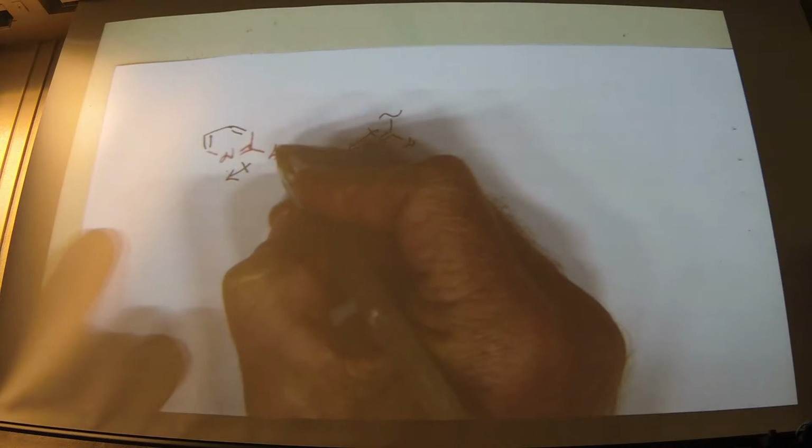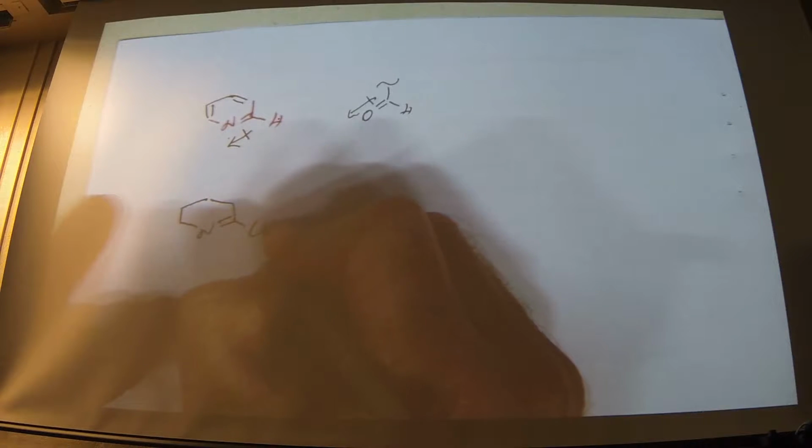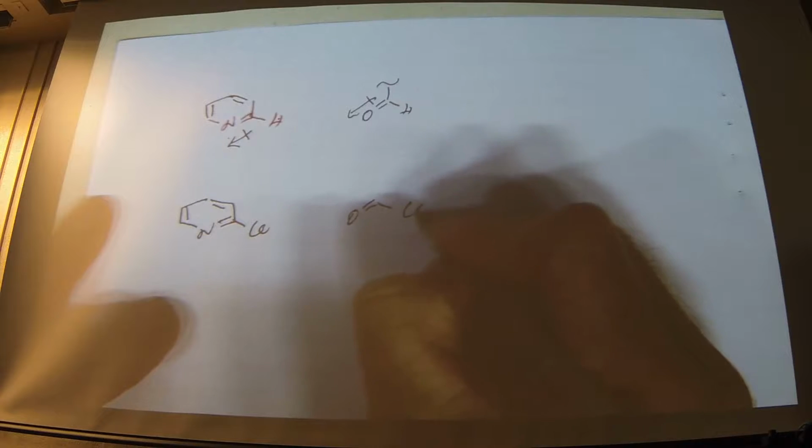That was the introduction to that nucleophilic aromatic substitution chemistry. And so that's why if I change this and make it into a chloride, then this kind of a 2-chloropyridine should remind you of an acid chloride.